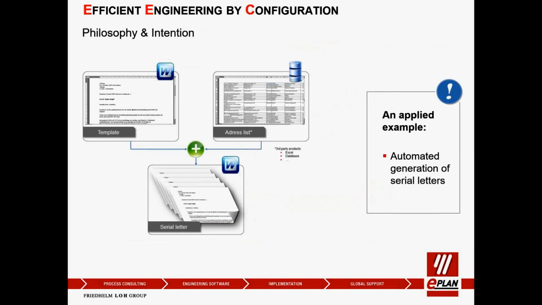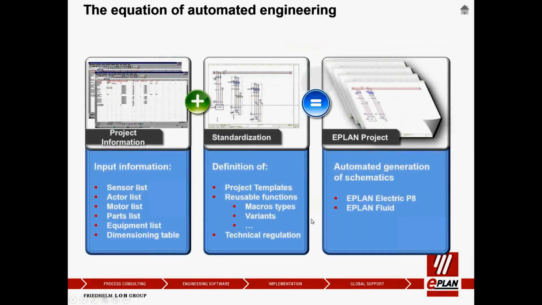Using a tool would automatically generate serial letters by grabbing the addresses and placing them into the appropriate sections, creating all these different letters. So the automated generation of serial letters. That's what we're trying to achieve. So similar to this, how can we use the same fundamental procedure that we just explained and apply it to engineering?